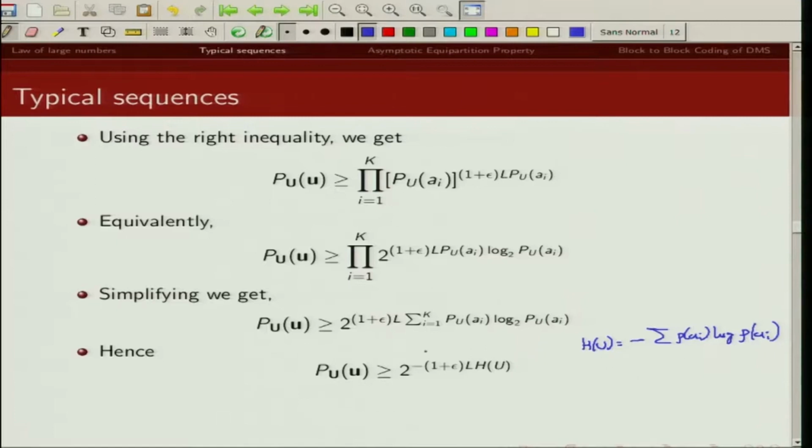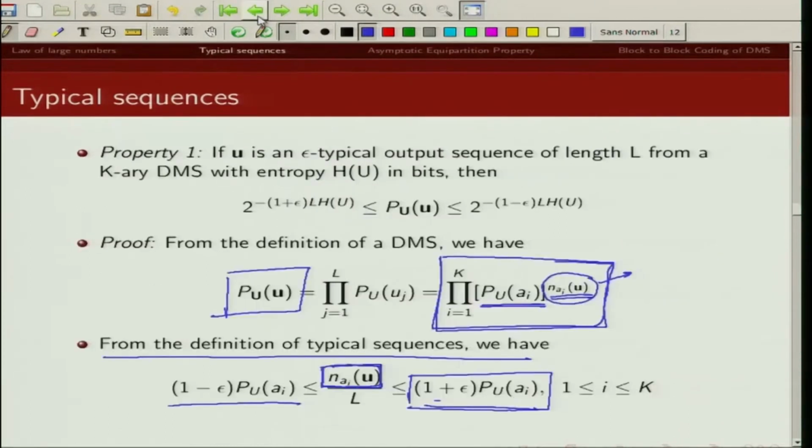So then this term becomes (1 plus epsilon) L times the entropy function. So what I have shown you is this: probability of U is lower bounded by 2 raised to power minus (1 plus epsilon) L times H(U).